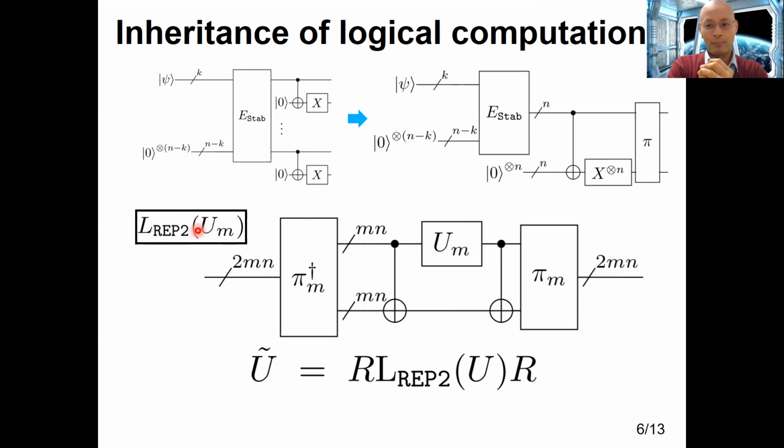It is clear that this operation is easy to find because it's a stabilizer code. Next, find the corresponding logical computation on the constant excitation code. And for this, one just needs to sandwich this logical operation over here with these rotation operators R over here, and one can get the logical computation on the constant excitation code. So yes, we can inherit a whole load of logical computations from the stabilizer formalism.